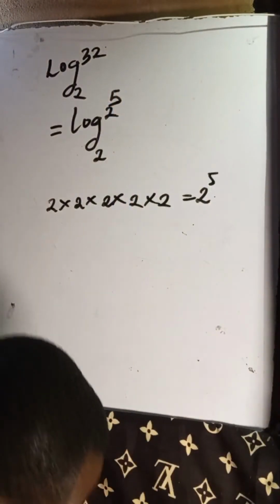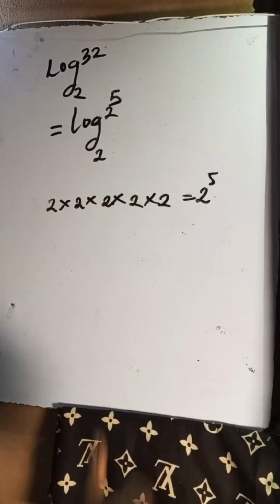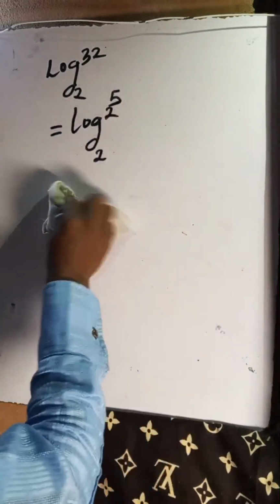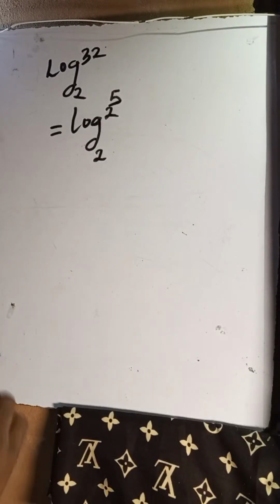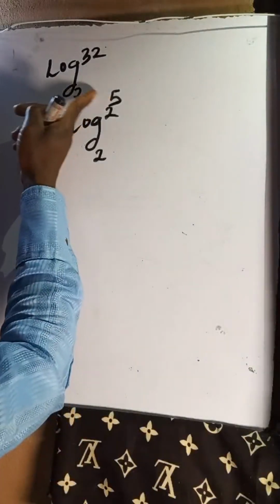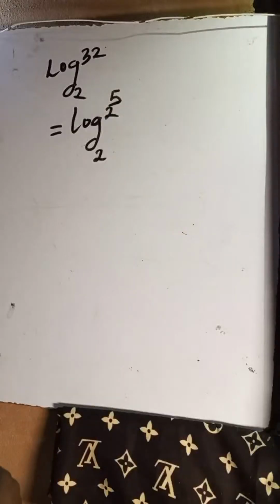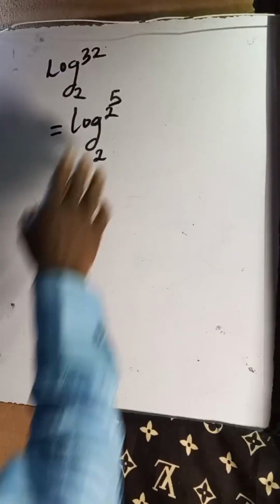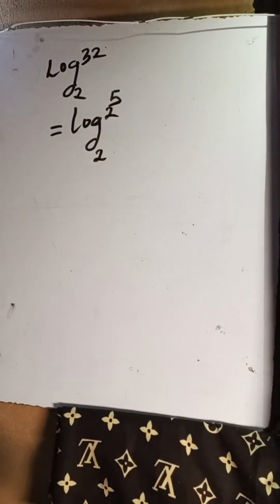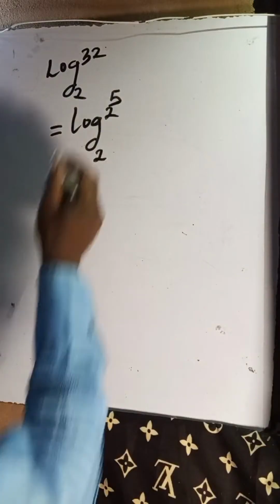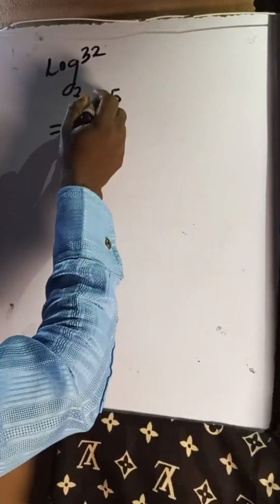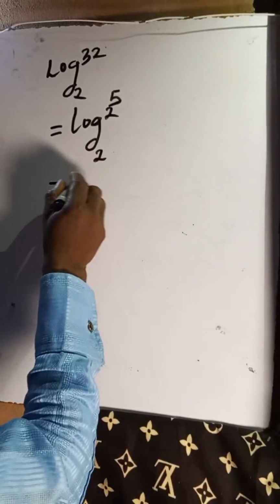I hope we are good to go. So the next thing to do here is to transform this. There are other ways to do it. We can transform this one to indices and solve it, or we bring this 5 here to the front.